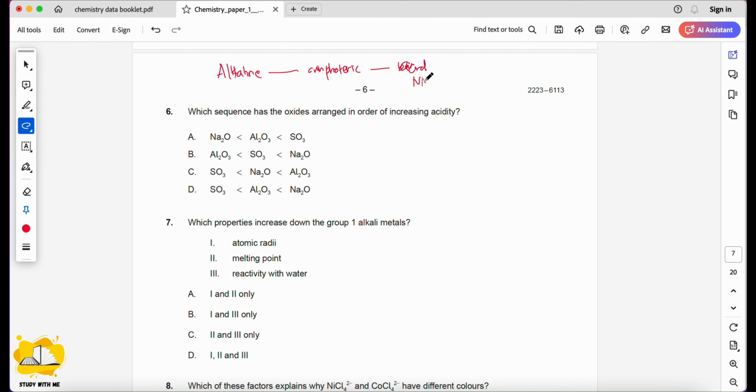This is non-metal, and this is metal. So it will start with increasing acidity, so non-metal should be the last. So non-metal is S, and metal should be the beginning, which is Na. That's why the answer is A.